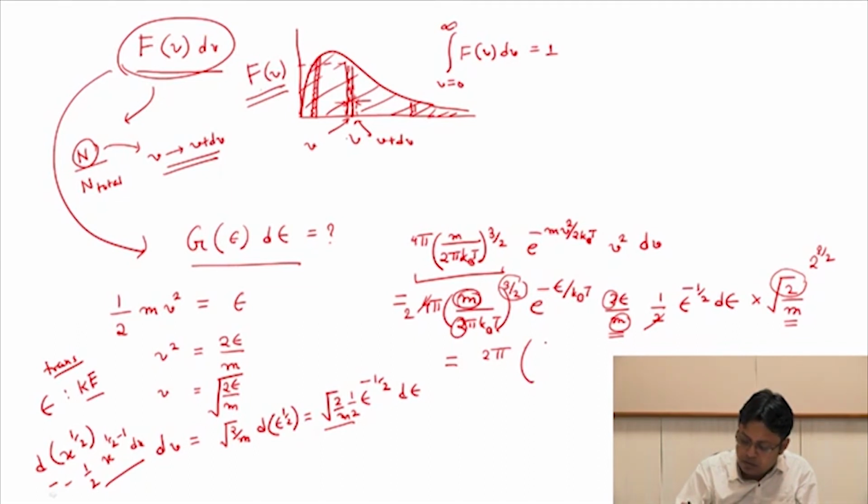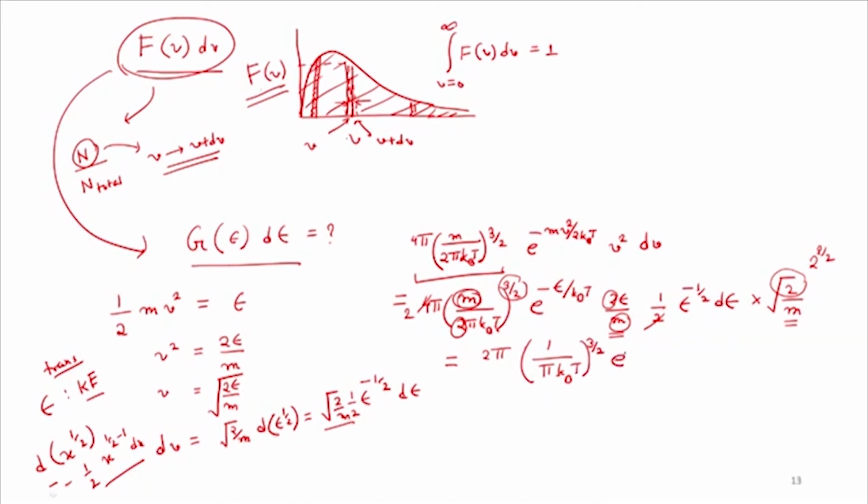So in essence I'll have 1 over pi kBT raised to 3 by 2, e to the power minus epsilon by kBT, epsilon to the power minus half, and this epsilon will give me epsilon to the power half d epsilon. So that is basically the Maxwell-Boltzmann distribution of molecular energies.